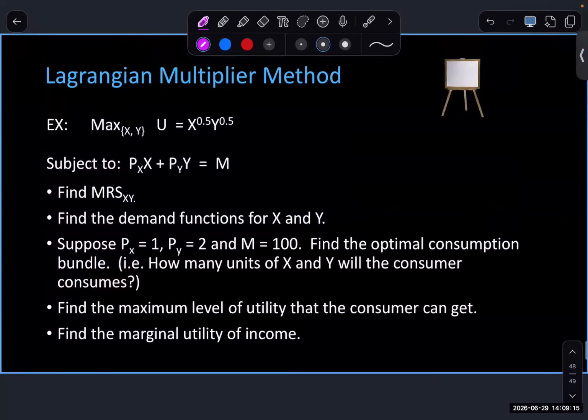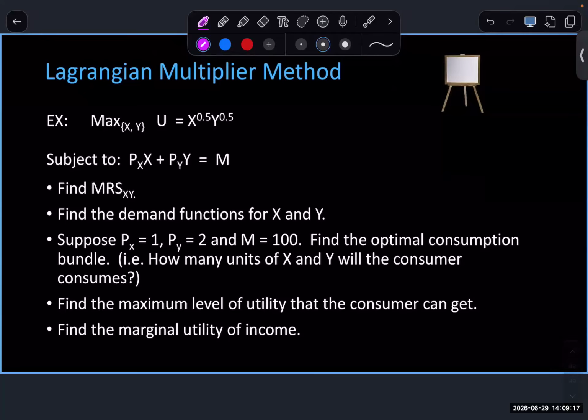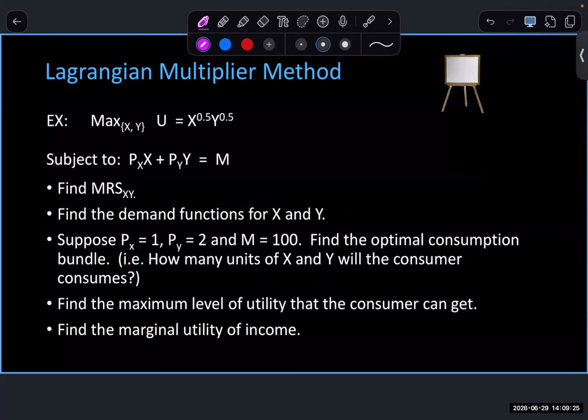Okay, let's see the example here. Maximize the utility function equal to X to the power of half times Y to the power of half, subject to price of X times X plus price of Y times Y equals your income.